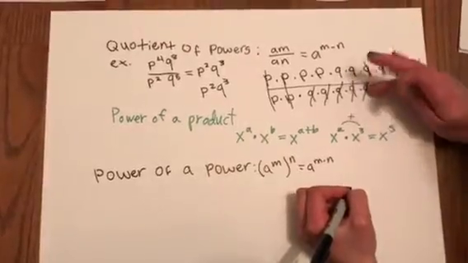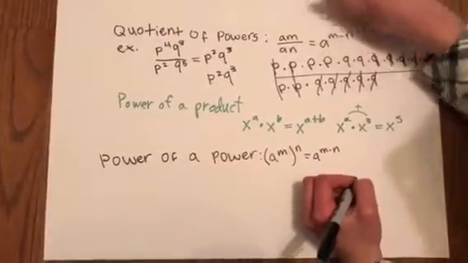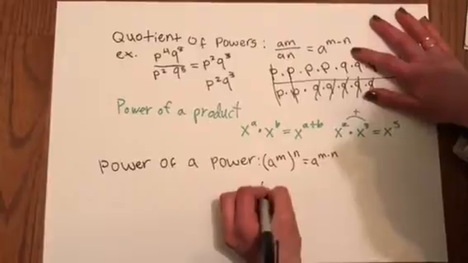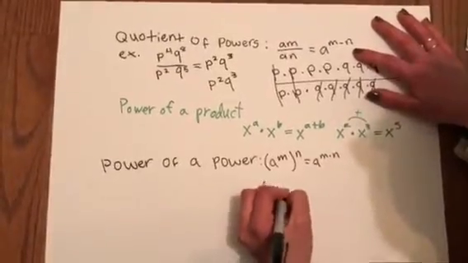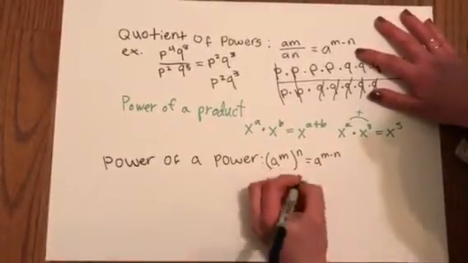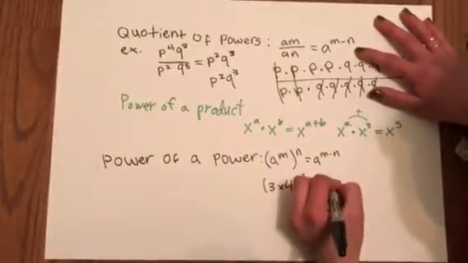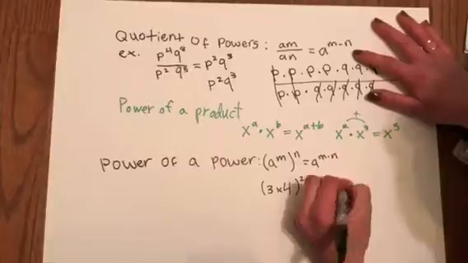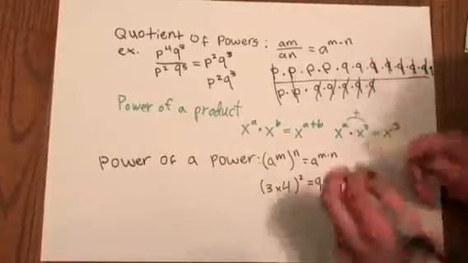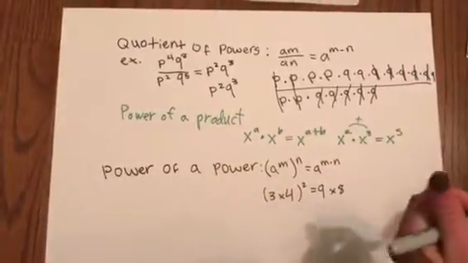Example for this is parentheses 3 times 4 to the second equals 9 times 8. That is an example for a power of a power.